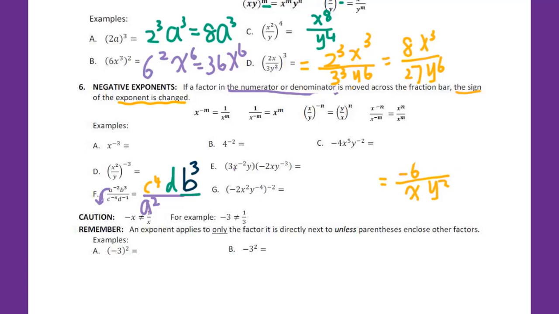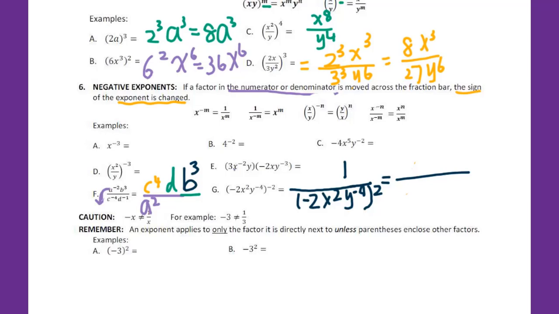Look at the j part. First of all, I will change it into negative 2x squared y to the fourth power. Do the square. Then I got 1. Then this is a power of a power.